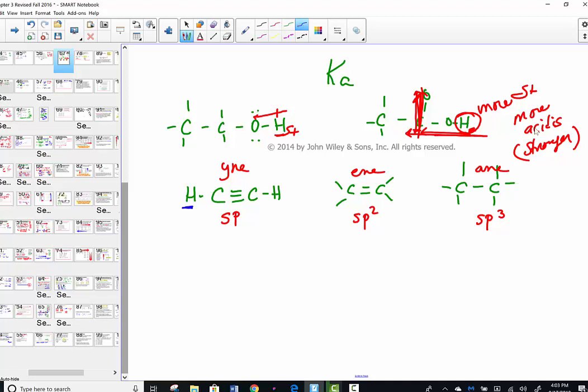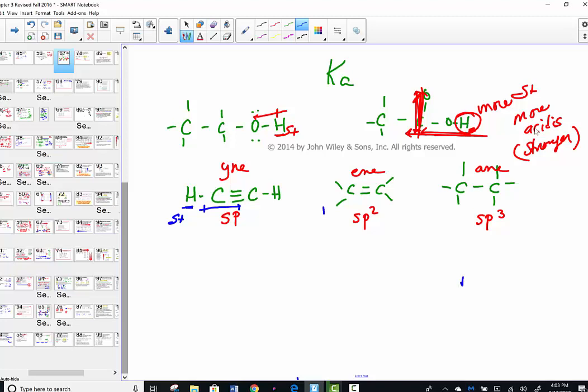This hydrogen, and again it's symmetrical so I can point to either one, is left with a more positive partial charge because of the triple bond being pulled into the center of the carbons. The electron density is very concentrated between the two carbon atoms, and the electron distribution is away from that hydrogen.